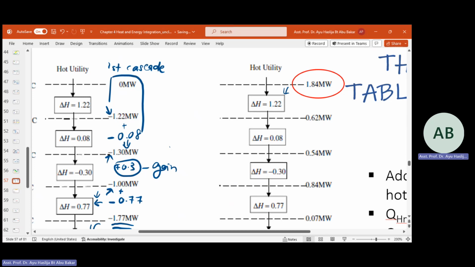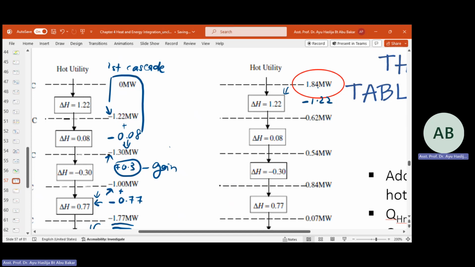Moving down to the first box again, using the same delta H again. Positive means supply in the box. That means you need to supply this amount of energy. So here, supply negative 1.22.